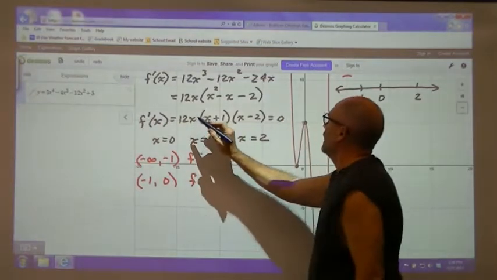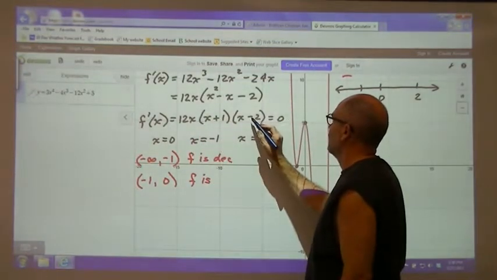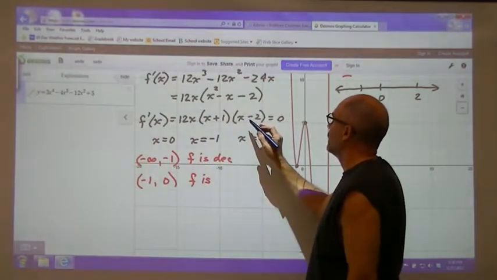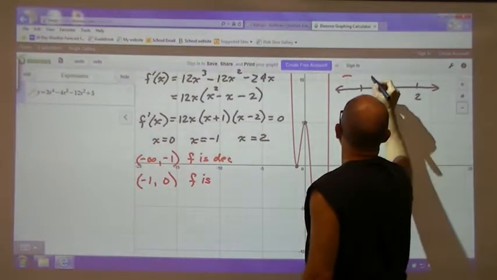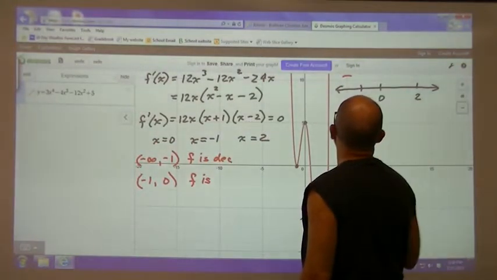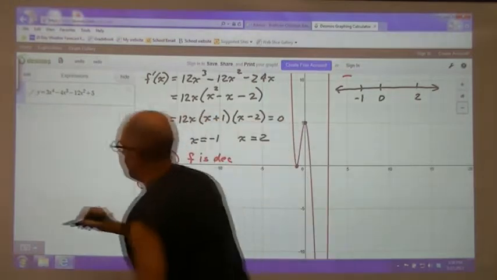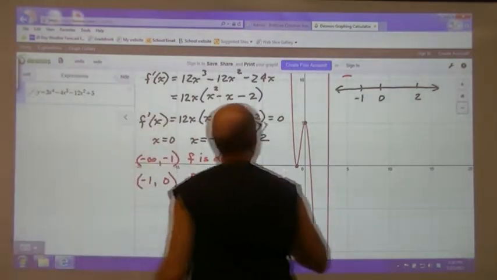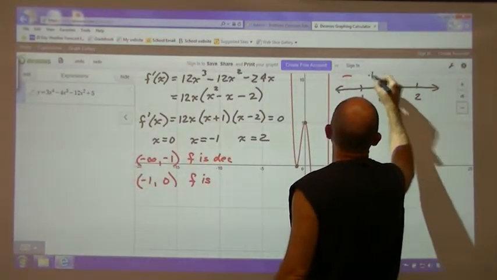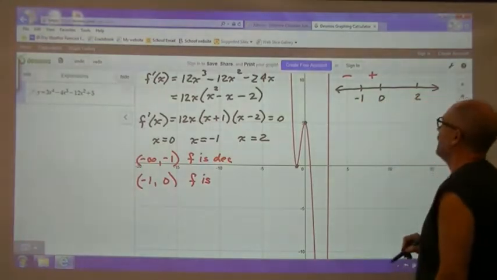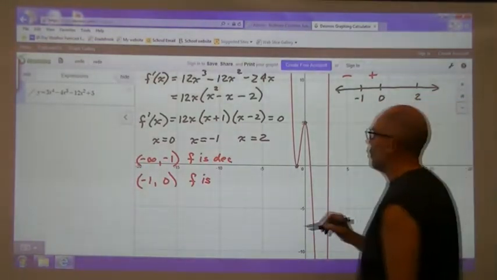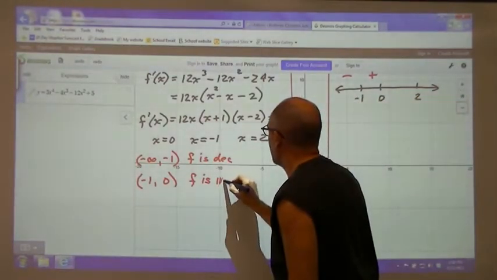So it would be negative, positive, negative. Negative times negative is positive. So in between negative 1 and 0 is a positive slope, which means f is increasing.